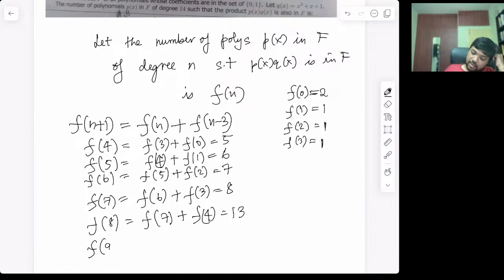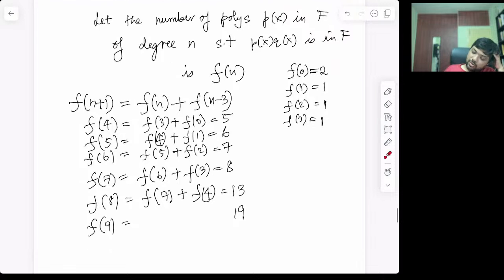F of 9 is, okay, so we are sort of seeing the pattern now, right? To get to 8, it was 7 plus 1, so you skip 2 numbers and add. Let's be faster: 19. Then you again skip 2 numbers and add, which is 26.